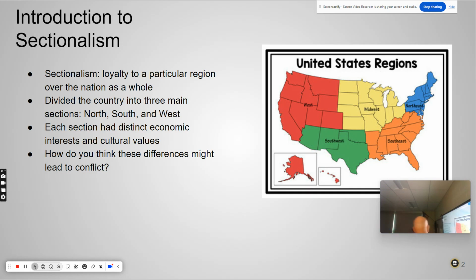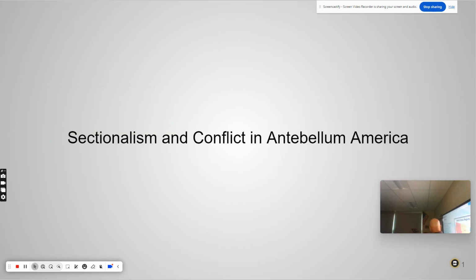These differences are going to absolutely lead to conflict between the sections of the country. All three sections are going to think that their section is the best, and that their section is the one government should be most focused on.